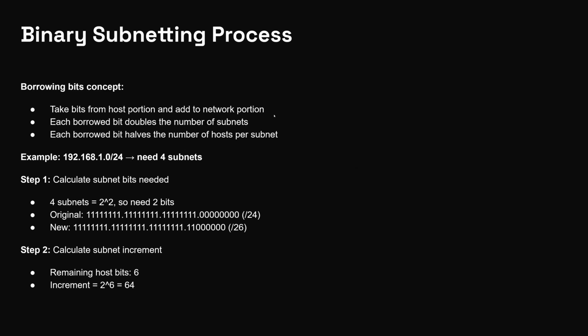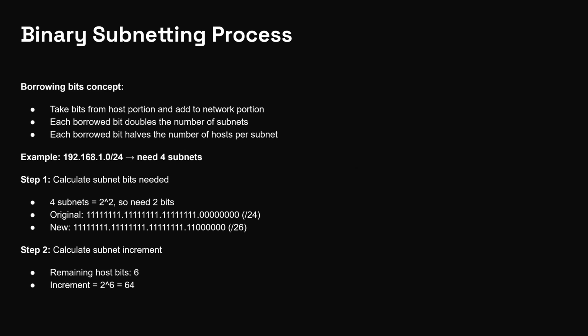So each borrowed bit doubles the number of subnets. Each borrowed bit halves the number of hosts per subnet. That is correct. So what this means is each borrowed bit doubles the number of subnets.